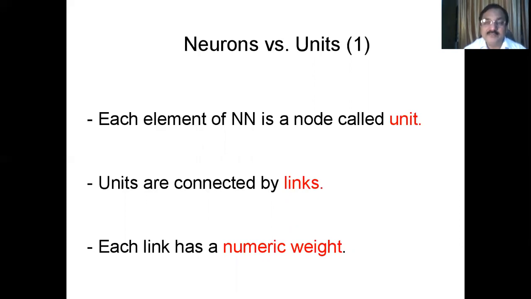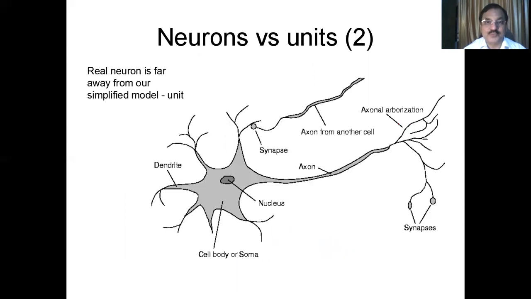If one input unit is connected to another unit, either an output unit or some intermediate unit, then that linkage has a definite value, something like a numerical weight, as we consider the weighted function in statistics.